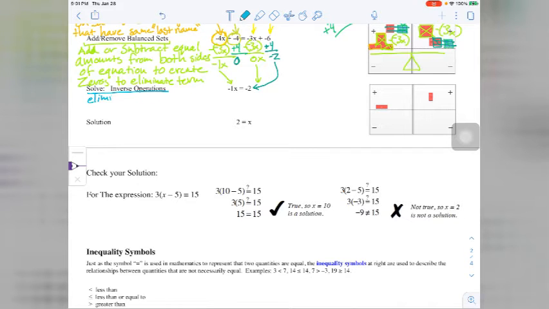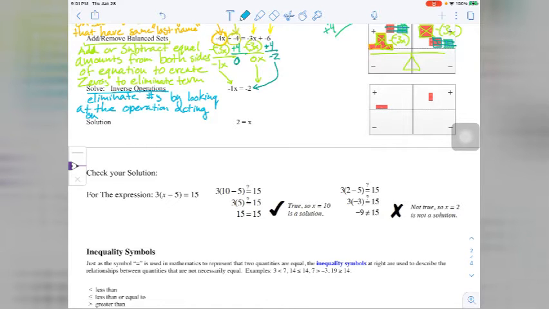So you eliminate numbers by looking at the operation that is acting on them.